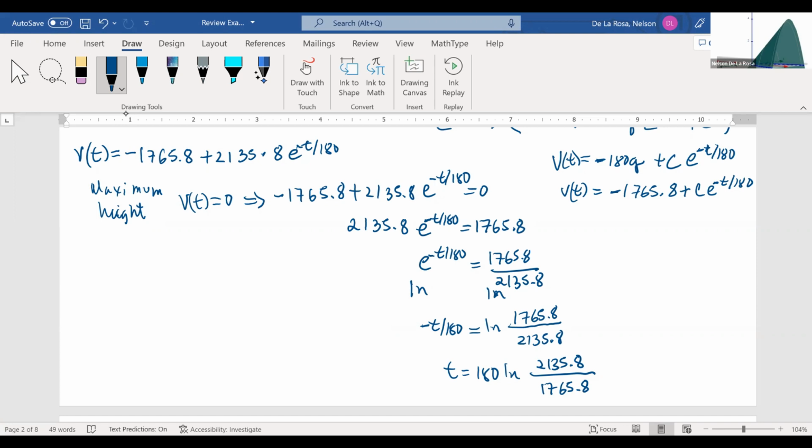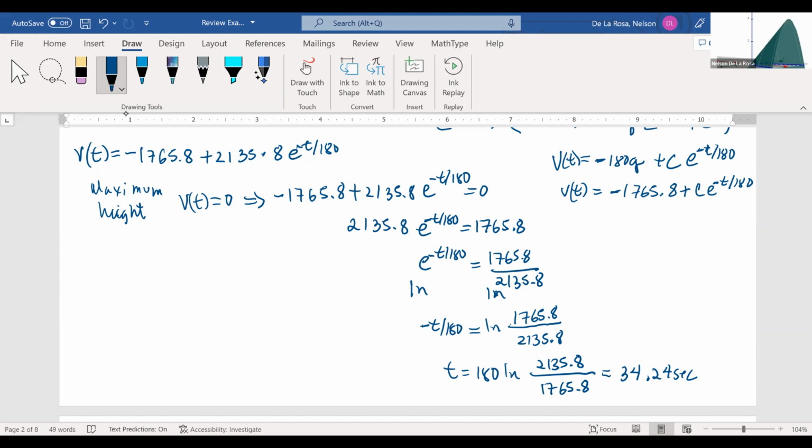And then once we compute the ln and multiply by 180, once we enter these numbers in a calculator, we find the ln of 2135.8 over 1765.8, and we multiply by 180, we get 34.24 seconds.